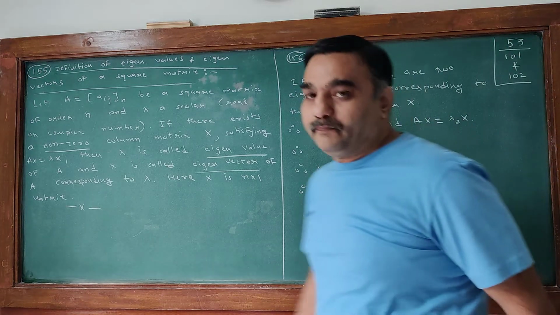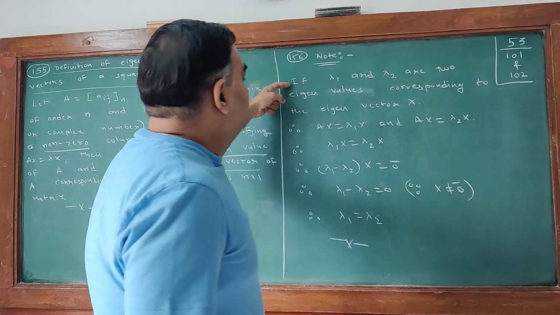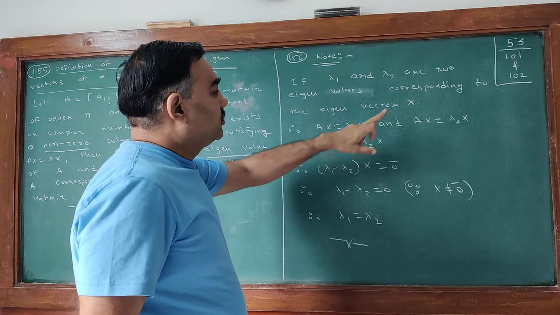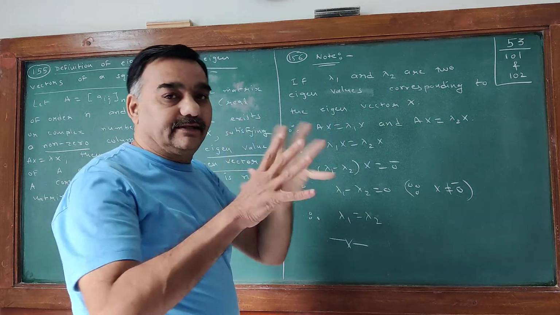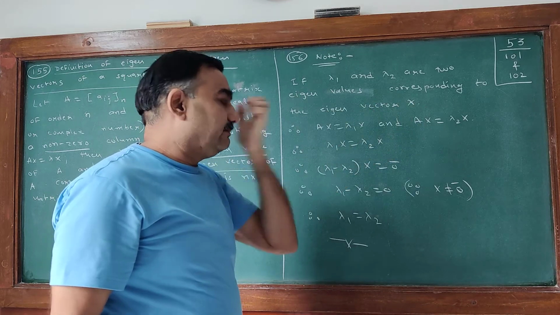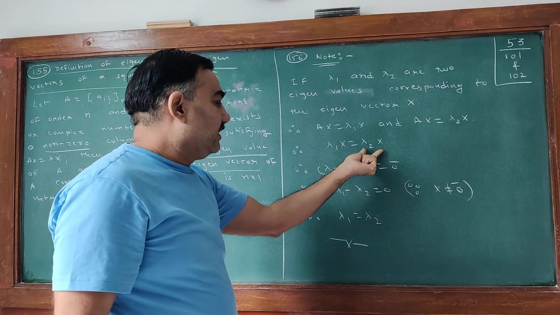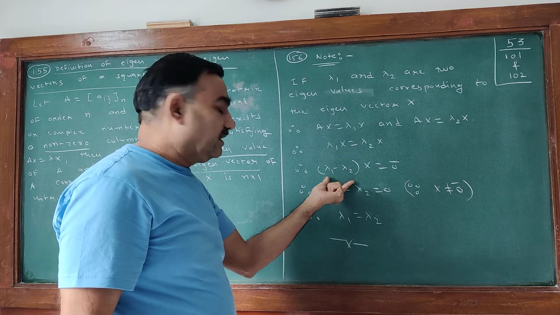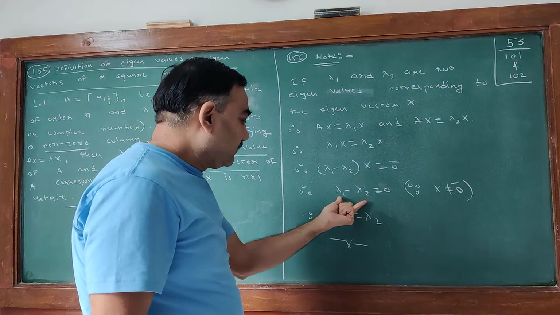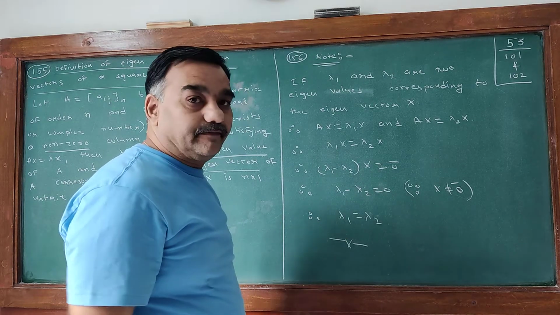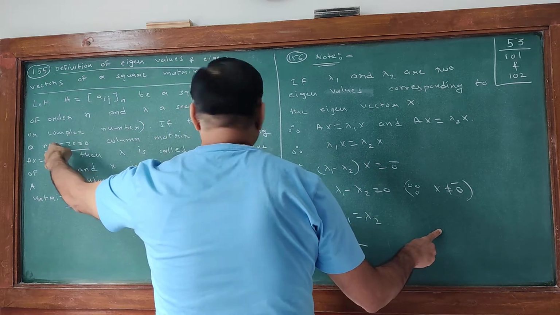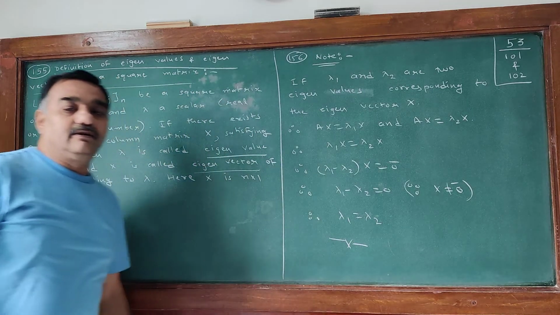Dear students, if lambda 1 and lambda 2 are two eigenvalues corresponding to the eigenvector x, means the same eigenvector, means Ax equal to lambda 1 x and Ax equal to lambda 2 x. Lambda 1 x equal to lambda 2 x means it can be written (lambda 1 minus lambda 2) x equal to 0 bar. Therefore lambda 1 minus lambda 2 is 0, because x is non-zero, and therefore lambda 1 equal to lambda 2.